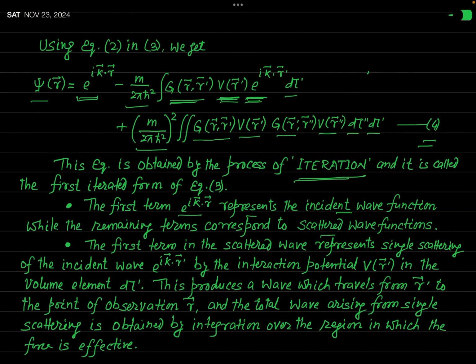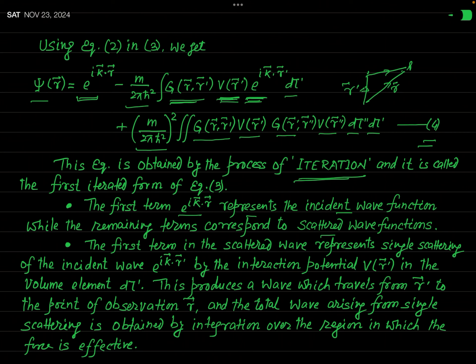So if this is your point whose position vector is r dash, this scatters the wave to the point P whose position vector is r. This is represented by this first term in the RHS of equation number 4.